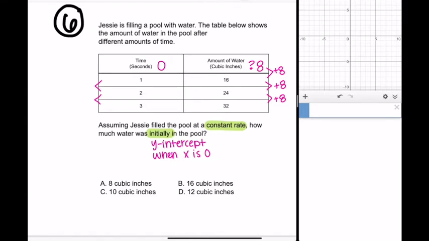Right? 8 plus 8 is 16. Then we can go backwards on the x values. So from 1 to 2, that's going up by 1. 2 to 3 is going up by 1. So what number would we have to add 1 to in order to get 1? That would be 0. So when there is no time that has passed, the initial amount of water is 8 cubic inches.